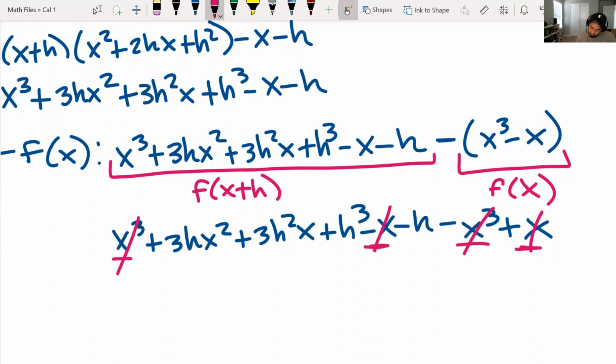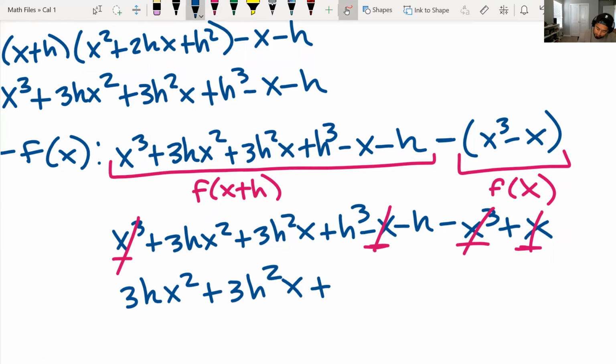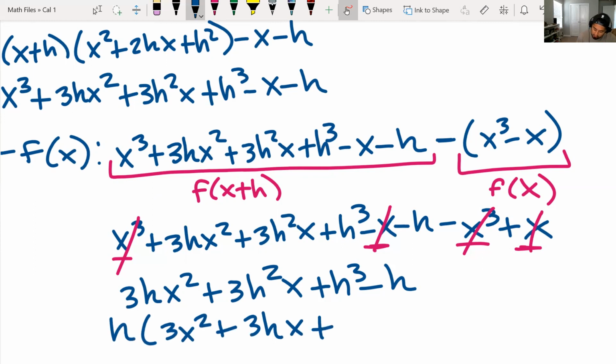Okay, so here is what we are left with. 3hx squared plus 3h squared x plus h cubed minus h. And now what I like to do on the second step, the final step, is factor out the common factor of h. I get h times 3x squared plus 3hx plus h squared minus 1.